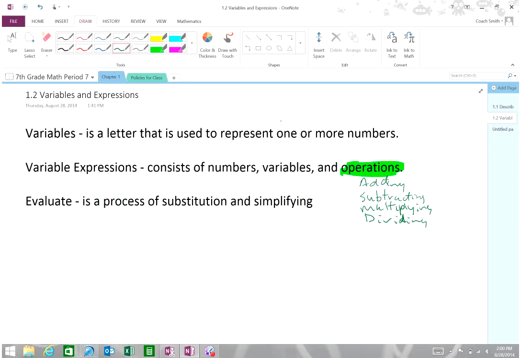Now, what you need to understand also about a variable expression is that a variable expression can have just letters in it. I'm going to give you some examples of some variable expressions. Another word that we need to talk about just for a second is numerical expressions.